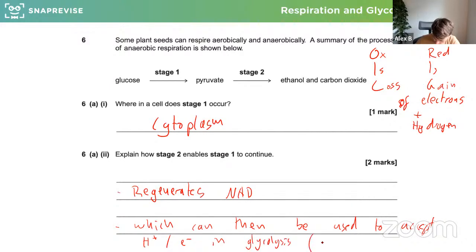Or you could say TP to pyruvate, because that's the stage that it's needed for. And this allows the cell to continue to do glycolysis, which allows it to make ATP. So that's the main idea there.